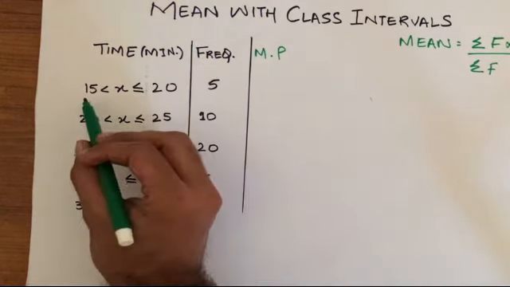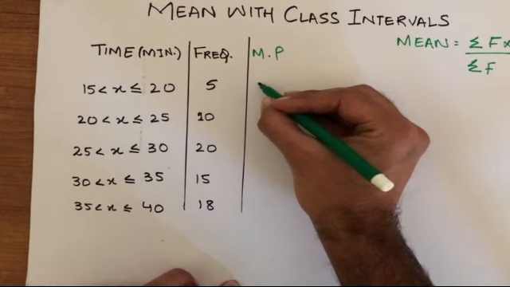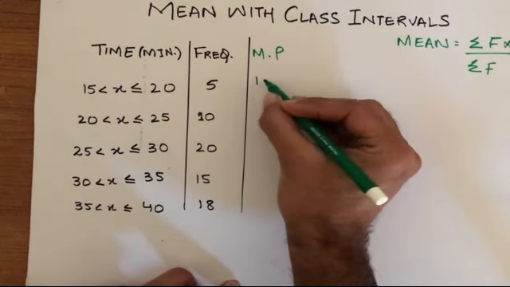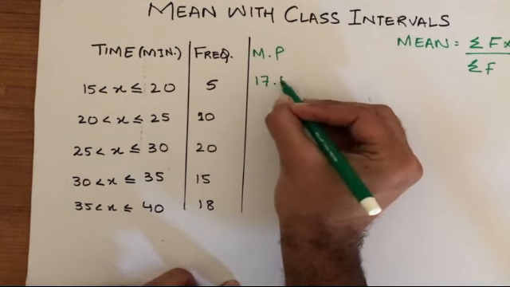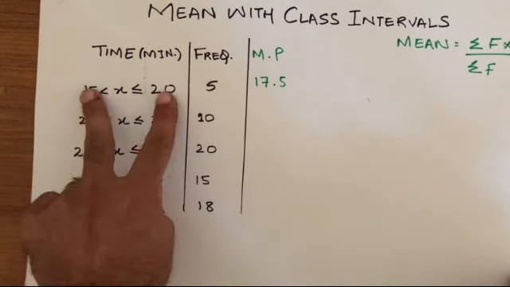So what lies exactly between 15 and 20? You could do it manually as well. You can see that 17.5 is the exact point that lies between these two numbers.